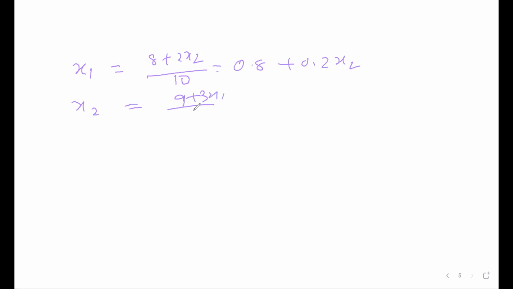Your first solution x1 is equal to 8 plus 2 into x2 divided by 10, or you can write it as 0.8 plus 0.2 into x2, and your x2 is equal to 9 plus 3x1 divided by 12, which is 0.75 plus 0.25 into x1.